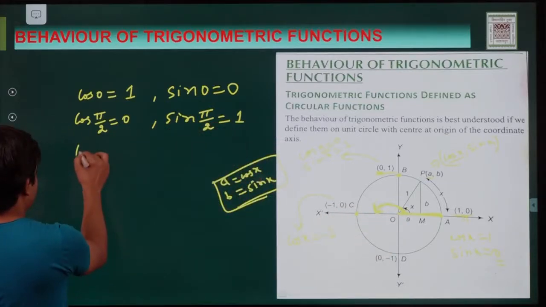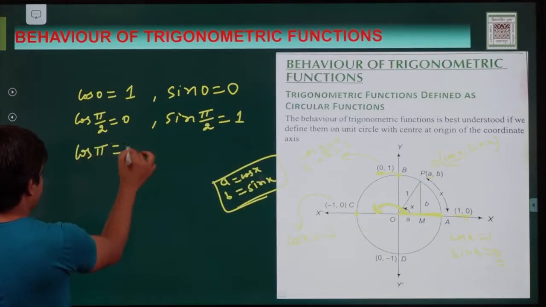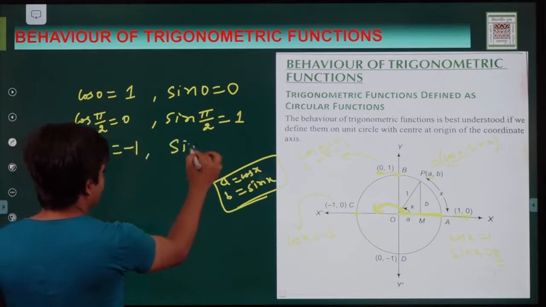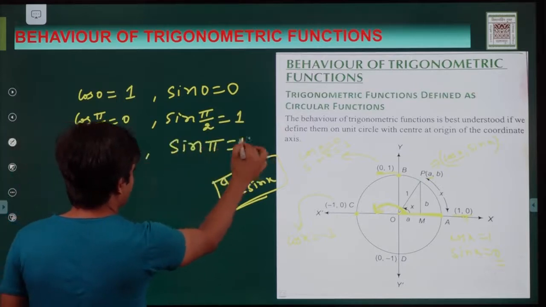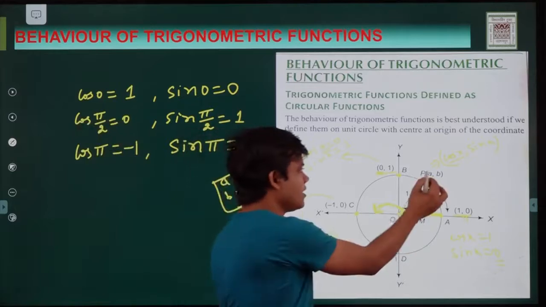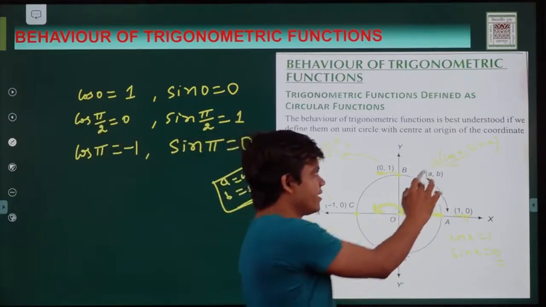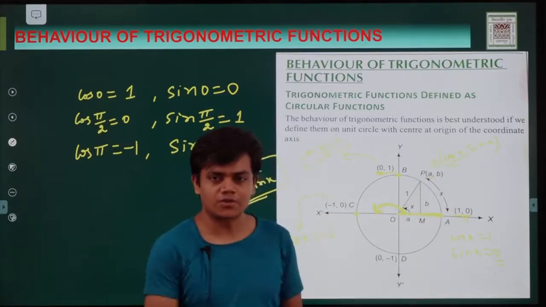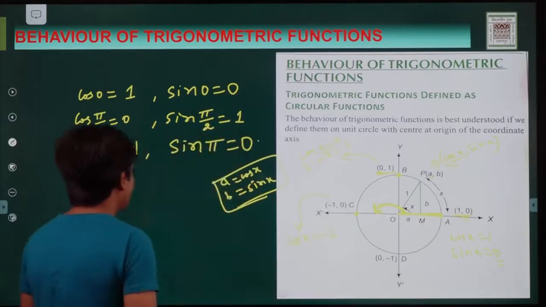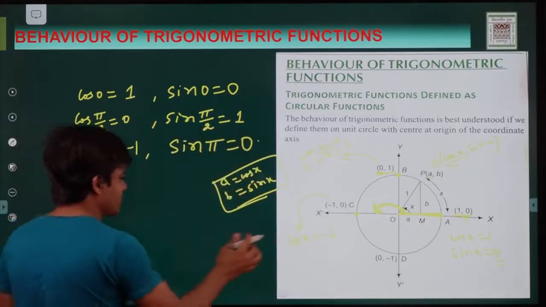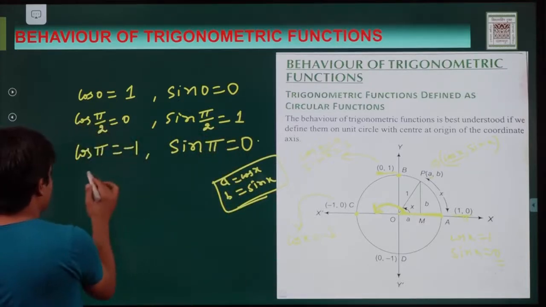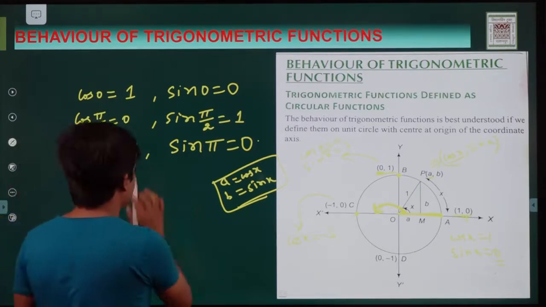So cos pi is equal to minus 1, but sin pi will again become 0, because if AB is written, then a is equal to cos x and b is equal to sin x.